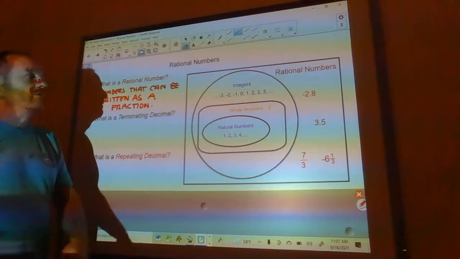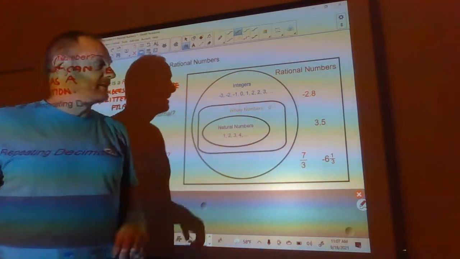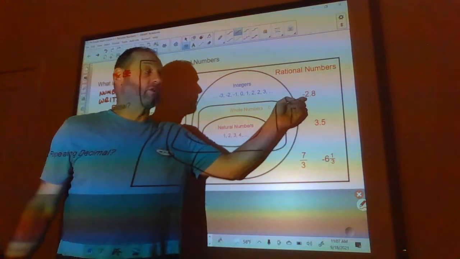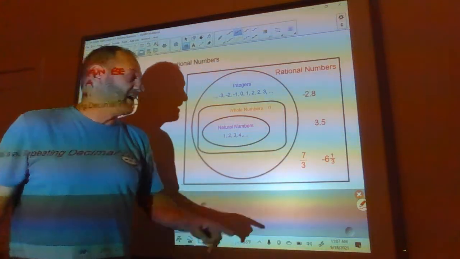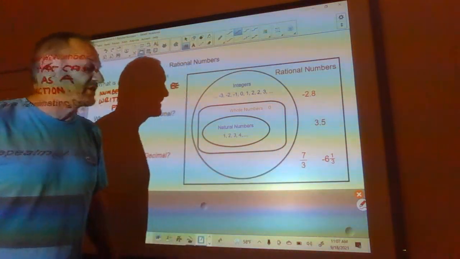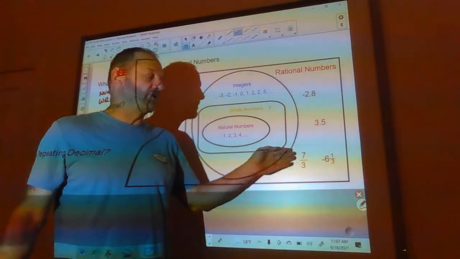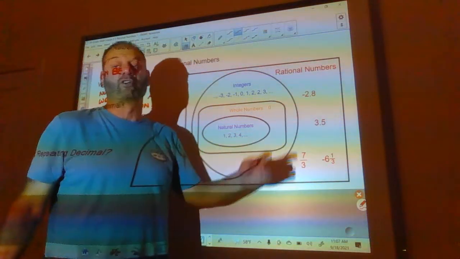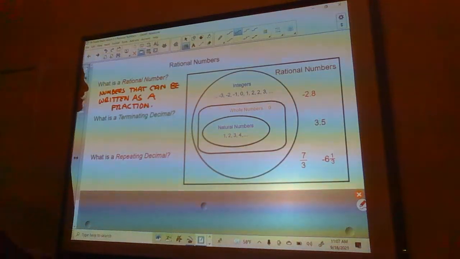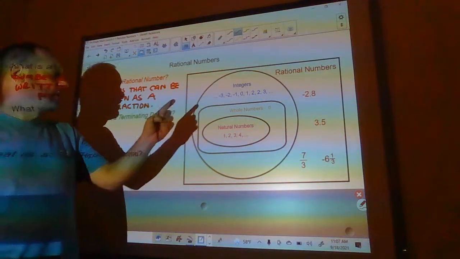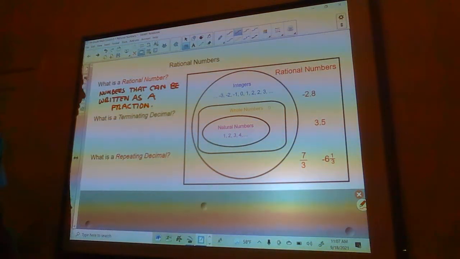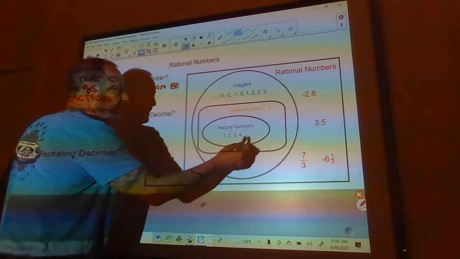Okay, so -2.8 is a rational number, because you can write that as a fraction if you want to. 3.5, 7/3, -6 1/3. So all your mixed numbers, your fractions, even your improper fractions, and all your decimals that are terminating decimals, those are rational numbers, plus all of these in here.